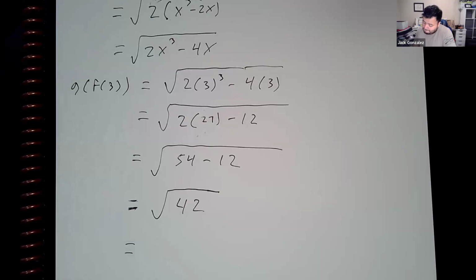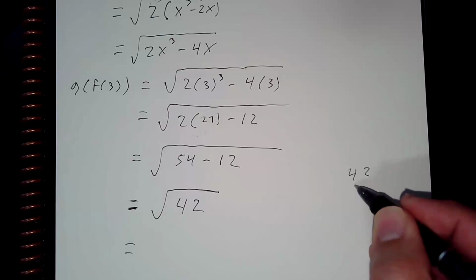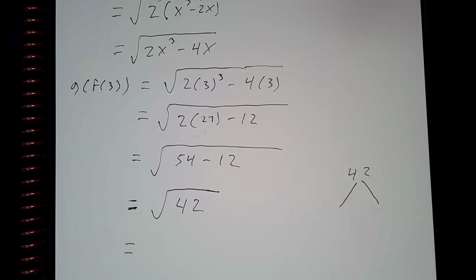Assuming we can. Square root of 42, when you split it, it's 7 and 6. 7 doesn't really have anything that multiplies to 7, it's just 7 and 1, and then 6 is 2 and 3.